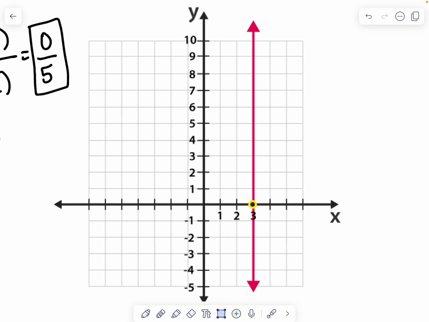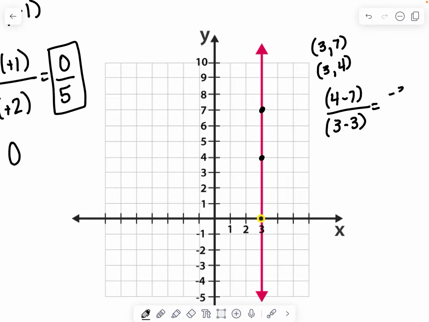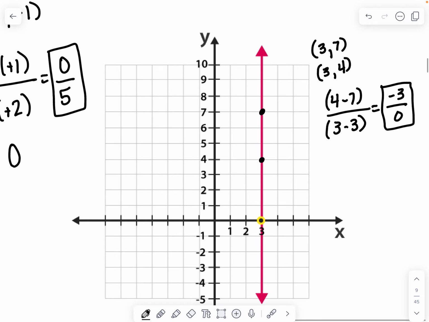Now, let's look at vertical lines. What do they do? Let's pick 2 points for that. I'm going to pick right here and here. So that would be the points (3, 7) and (3, 4). So let's say 4 minus 7 over 3 minus 3. Well, that is -3 over 0. Uh-oh. Do you guys remember what happens when you divide by 0?